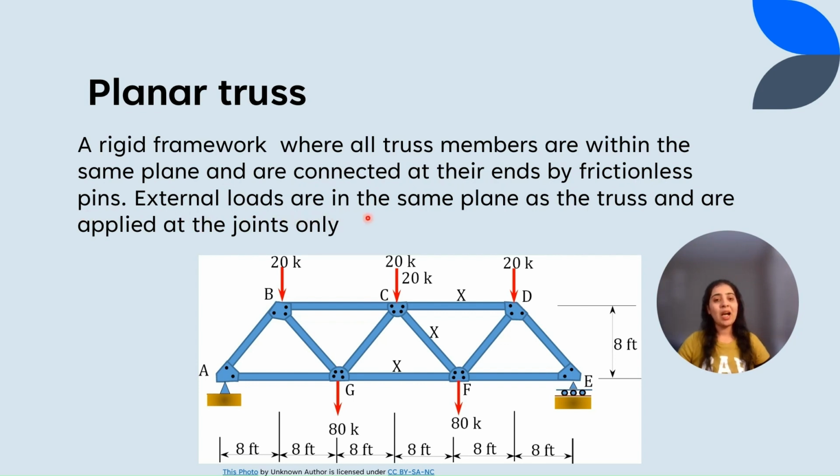External loads are in the same plane as the truss and are applied at the joints only. So this is an example of a plane truss. Can you verify the differences between the plane truss and space truss now?